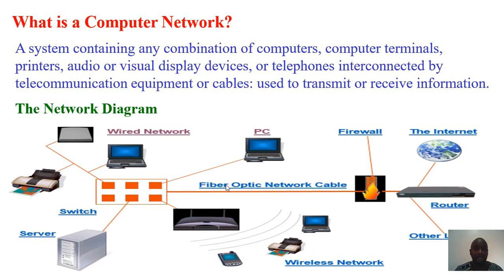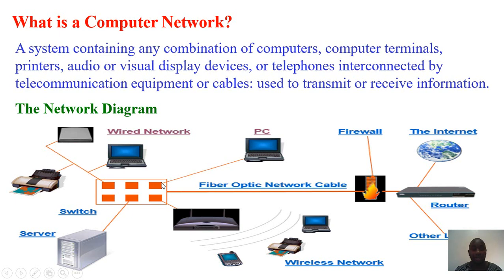This is a simple illustration of a network. A network is just different computers or electronic devices that are connected together. In our case here, we have a computer connected to a printer, and a laptop that is also connected on the network. They can share resources.